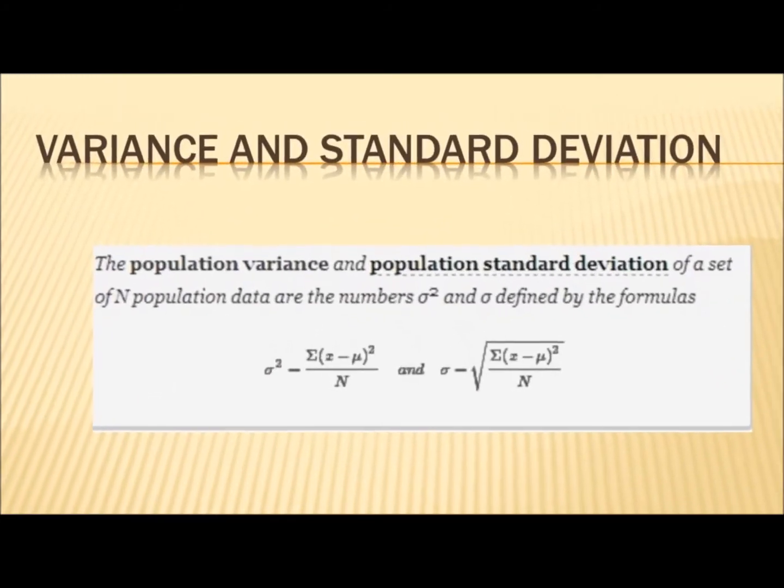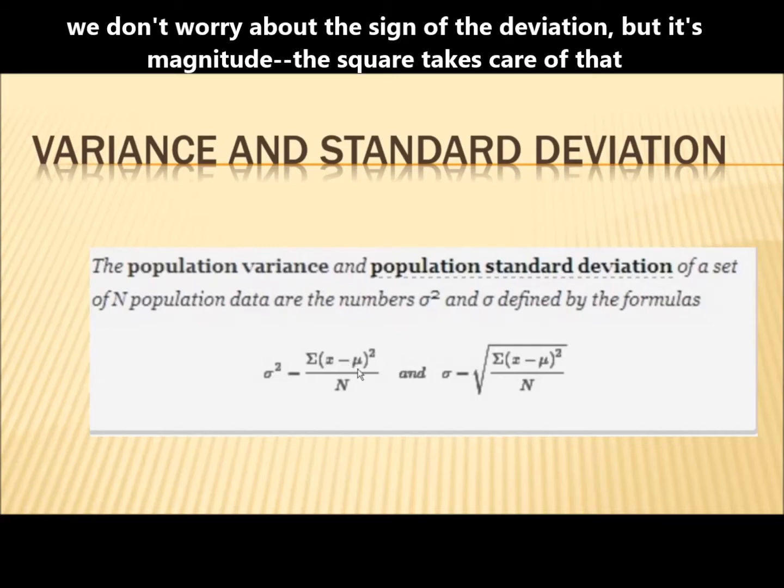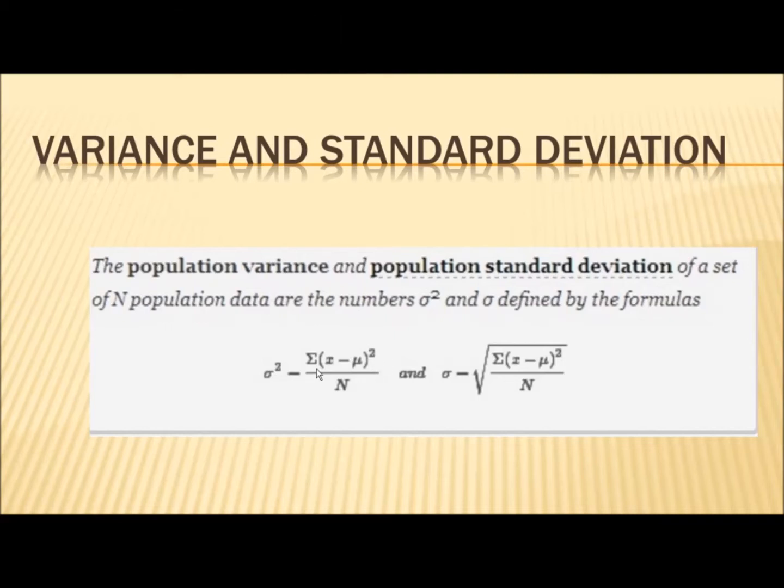Now, as we take these to larger numbers, we have what is called the population variance and the population standard deviation. The variance is defined as follows: you take the value and subtract the mean, and we don't worry whether it's greater than or less than the mean because this is squared anyway.